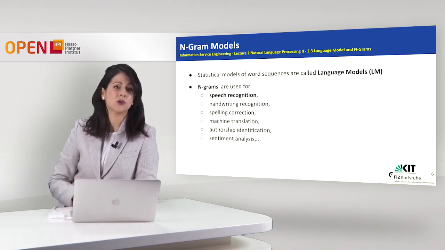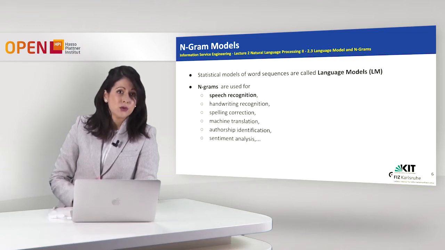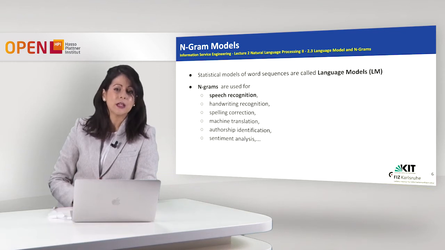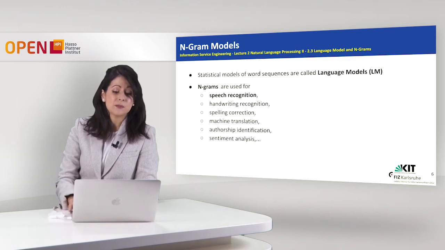So statistical models like the n-gram models of word sequences are called language models, or LM as we usually find it. And they are rather useful, especially in tasks where we have to predict some word which comes from a noisy or ambiguous input, which is often the case, for example, in speech recognition.